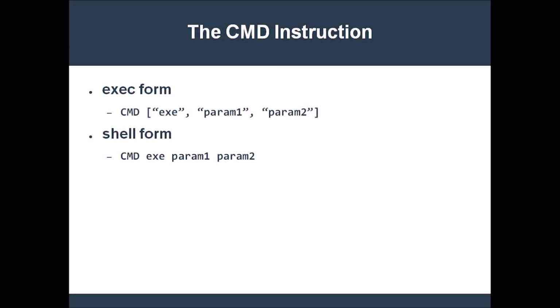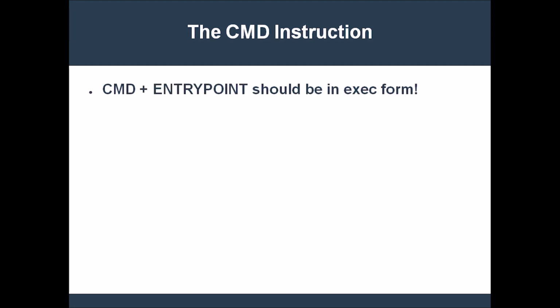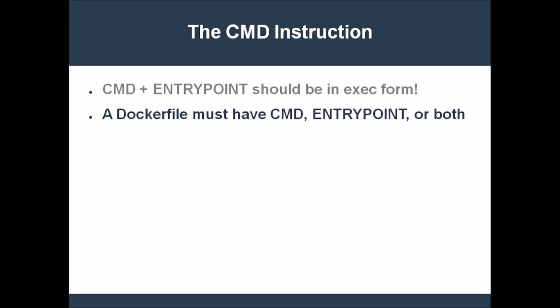Here are some other things you need to remember. The CMD instruction has two forms. This is more or less the same as the ENTRYPOINT instruction. When you use the CMD and ENTRYPOINT instructions together, they should both be in the exec form. Trust me, you'll save yourself a lot of headaches if you follow this rule. Every Dockerfile must either have a CMD instruction, an ENTRYPOINT instruction, or both.